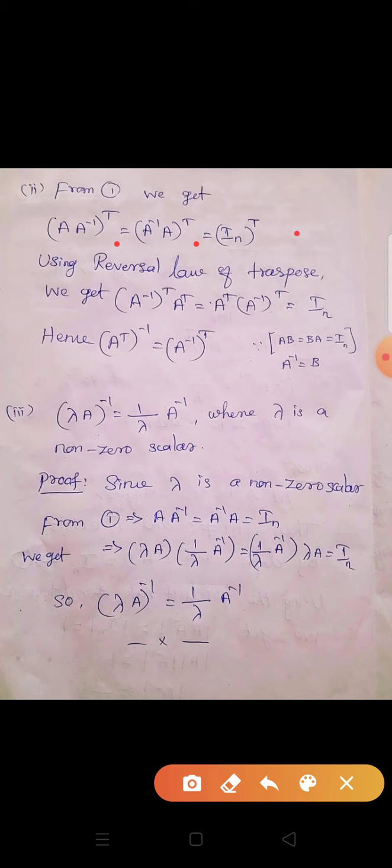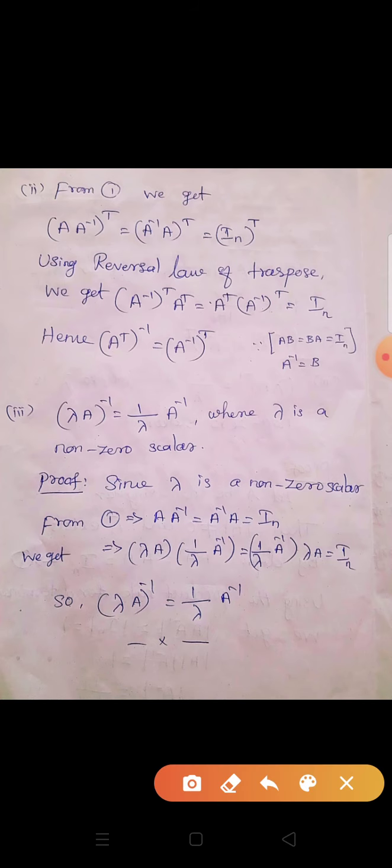Using the reversal law of transpose, A inverse whole transpose into A transpose is equal to, here also by the reversal law, A into A inverse whole transpose is equal to IN transpose. It is also IN.